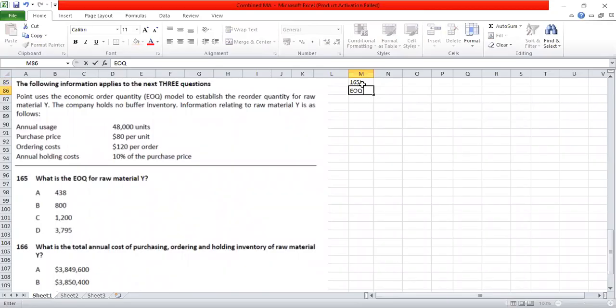EOQ is equal to, the formula is square root of, we have the numerator is 2.